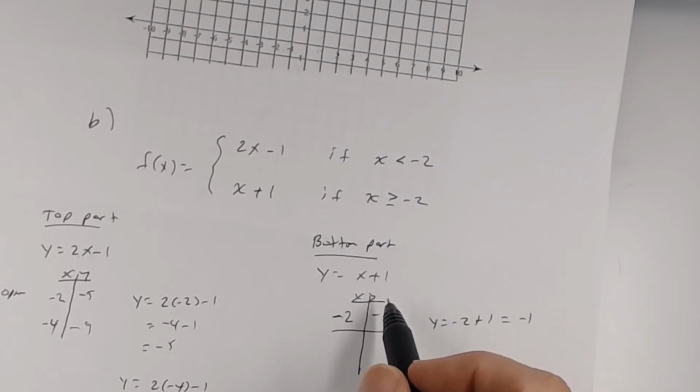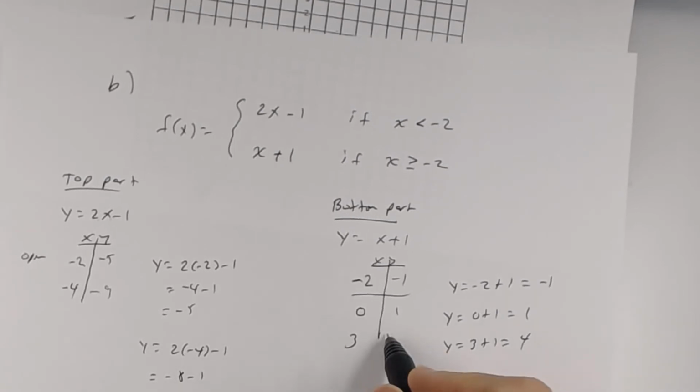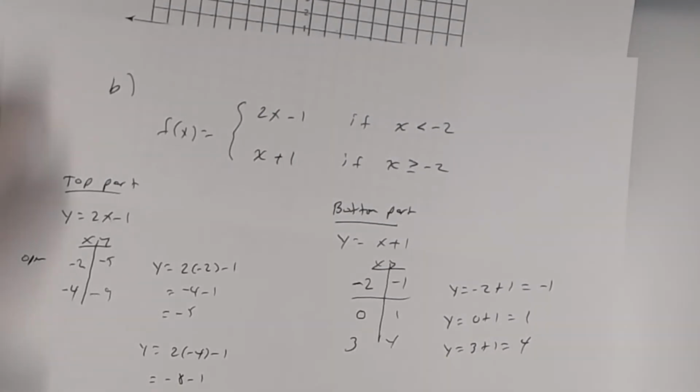So give me an x value. 3, 0. Let's use 0. If x is 0, I get y equals 0 plus 1, which is 1. If you use 3, you'd say y equals 3 plus 1, which is 4. Okay? So then I plot those 2 points.